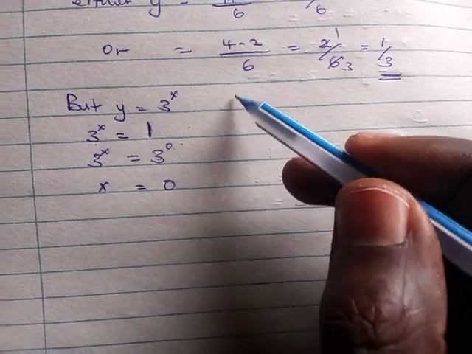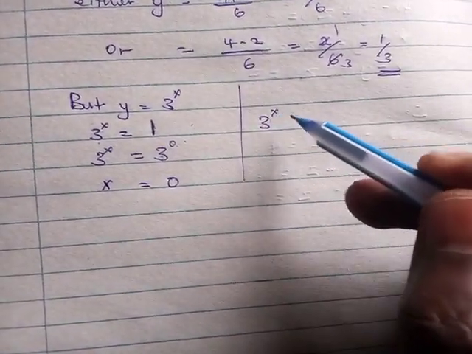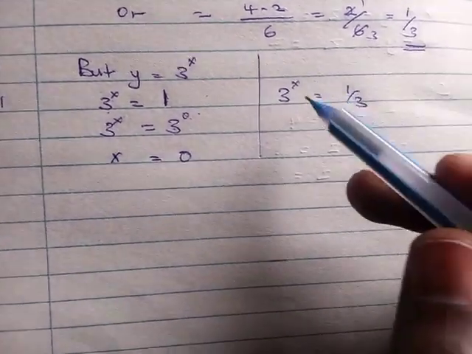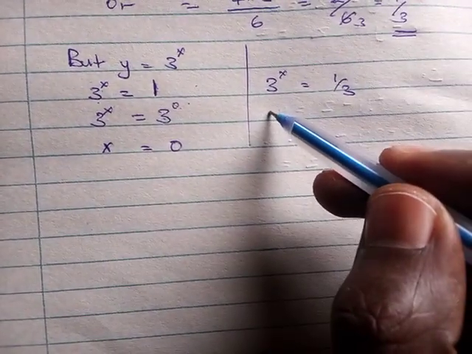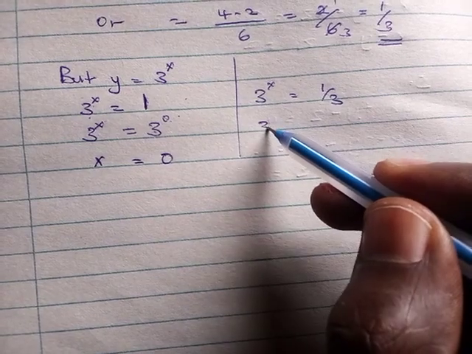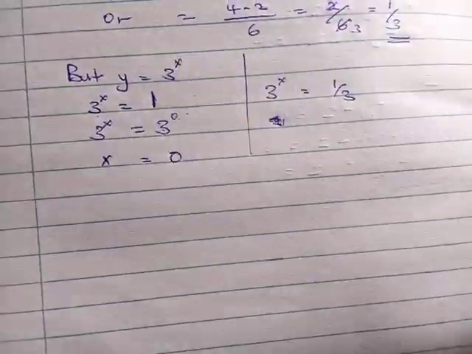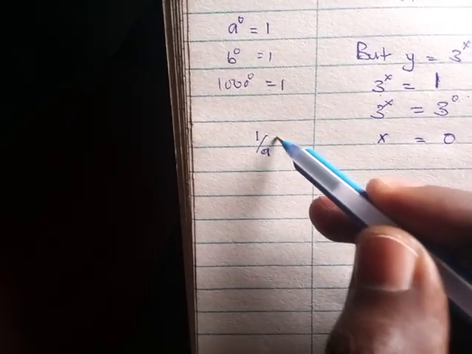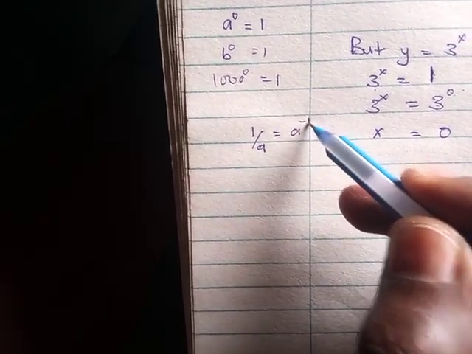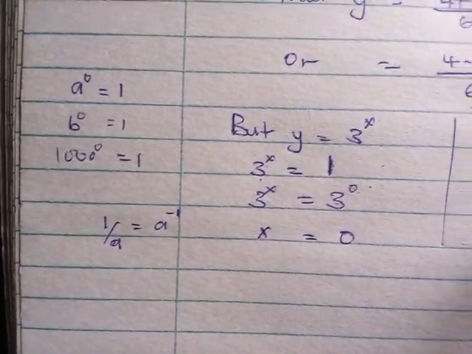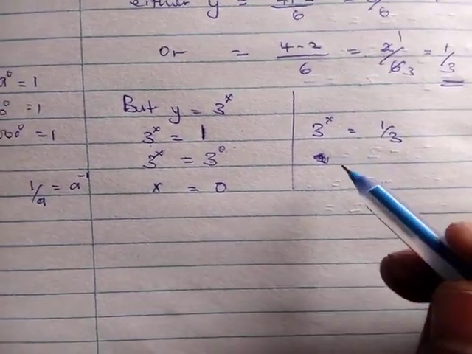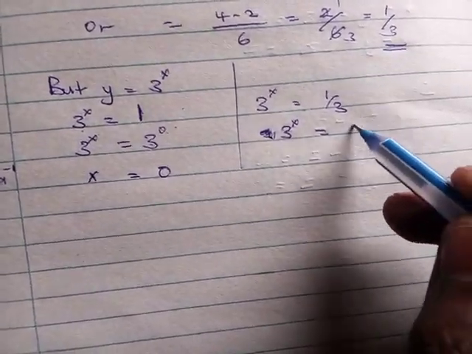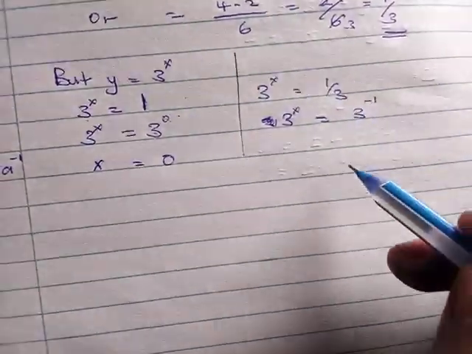Then another case, when 3 power x is equal to 1 out of 3. In rules of indices also, when I'm having 1 out of a, this is the same as a power negative 1. So here I'm having 1 out of 3, so it means when I'm having 3 power x, it will be the same as 3 power negative 1.